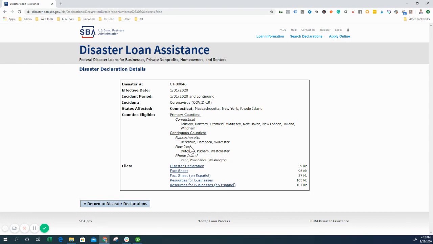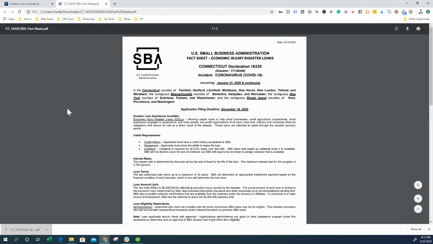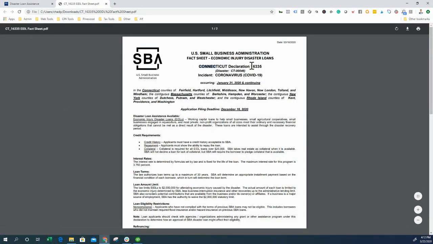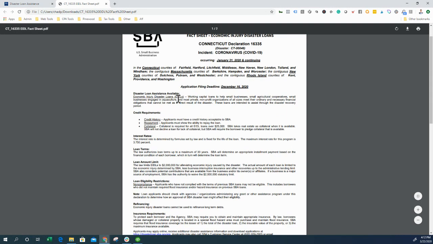So if you're in these areas, you're also eligible. Let's just click on the fact sheet so you can also see what other information they're providing here to Connecticut residents. All right, so this is the Connecticut Declaration, and this was updated on the 16th of March. All right, so here are the new terms.